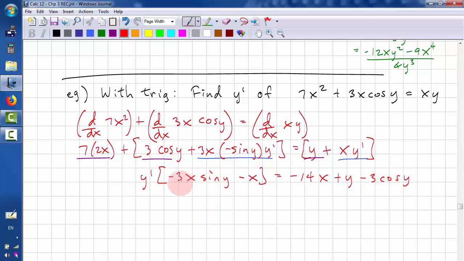And then now we can divide both sides by this. Now there's 4 negative signs. So there's negative on the top, negative on the bottom. So we're going to cancel out all the negative signs and just make this y negative. So 14x minus y plus 3 cos y over 3x sine y plus x. And that completes this lesson.